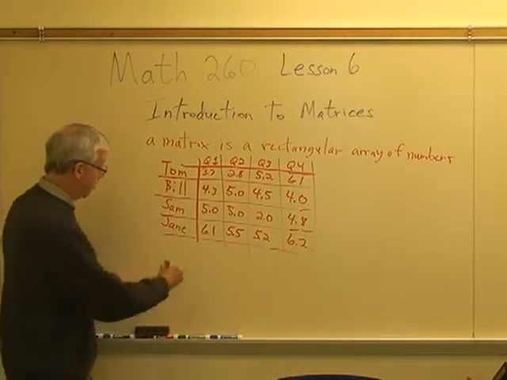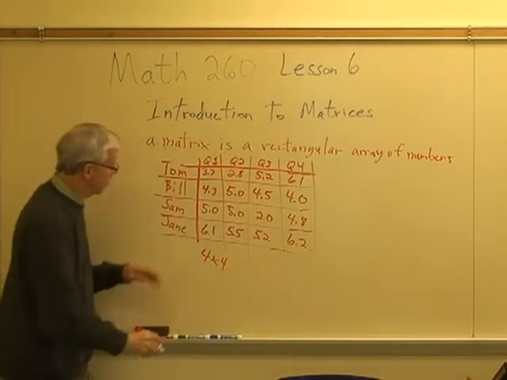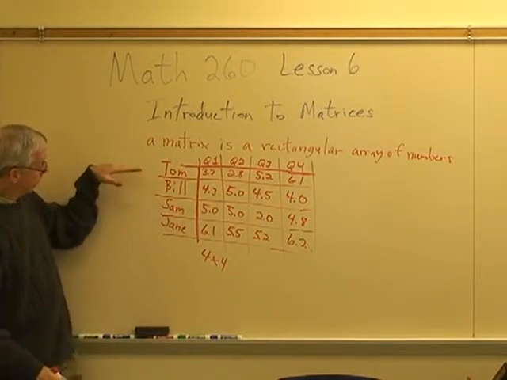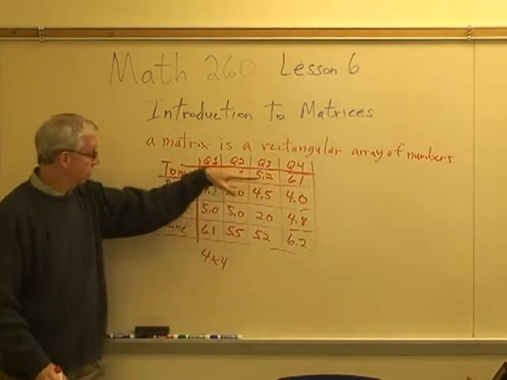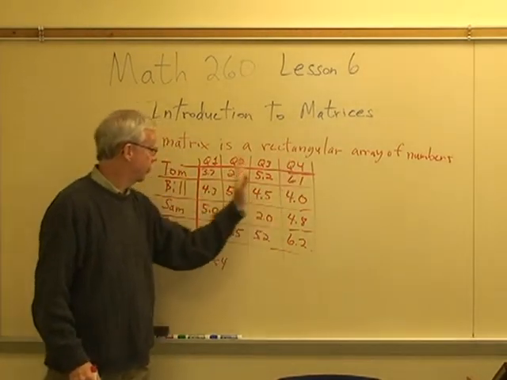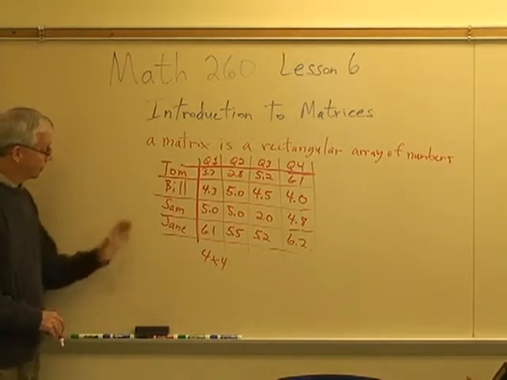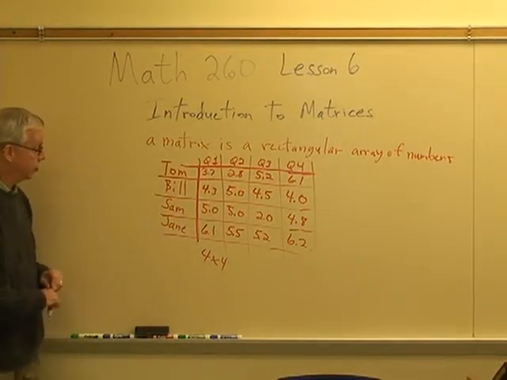So this would be a 4 by 4 matrix, where the content is understood to mean each row corresponds to the grades for one person, and each column corresponds to a different test, or quiz in this case. Okay, so that's the idea of a matrix.